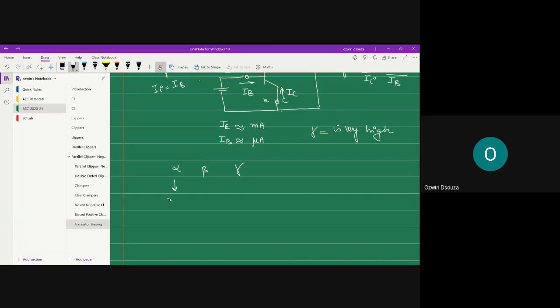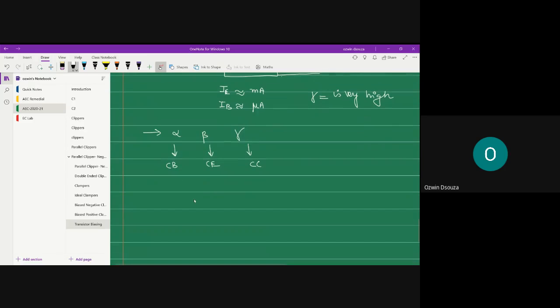Alpha for common base, beta for common emitter, and gamma for common collector, CC. Just to distinguish the three currents, because in three configurations, the current ratios are different. So since you are getting different current ratios, hence different Greek letters have been used to denote the three currents.